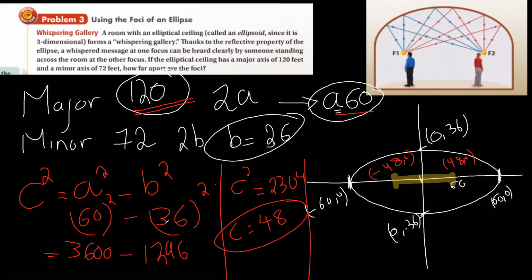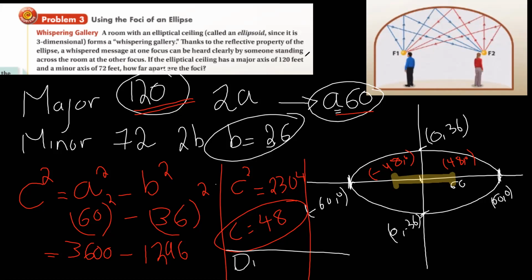Then, what is the distance now? Or how far are the foci? Yes, Hausan. I want to hear your voice. What is the distance between the two foci? It is 2C.